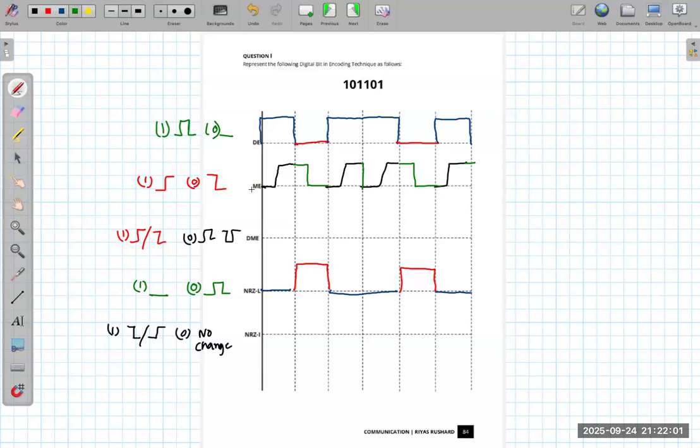Differential Manchester encoding. How do you do? If it's a one, we have to start from where? Low. So one low to high. If it's a zero, it goes down, come back again.